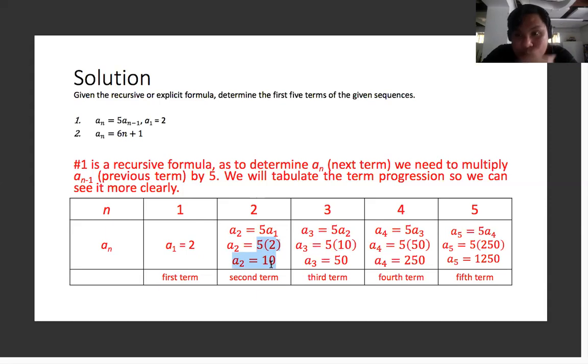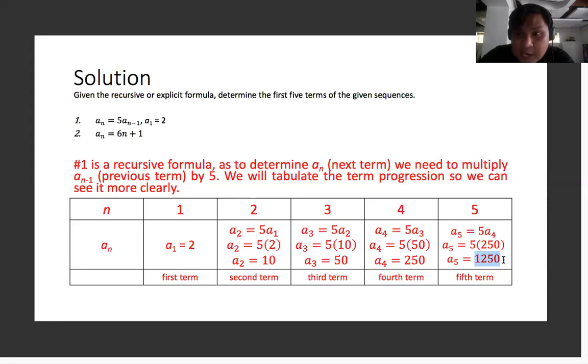And if you follow the sequence, because you know that the next term is defined by multiplying 5 to the previous term, so 10 times 5, you actually get 50. So the third term is 50. Times 5 to 50, you get 250. That's the fourth term. And then times 5, you get 1,250. Okay, so notice how the recursive formula is used to obtain the terms of a sequence. So you need to figure out the previous term first before you actually figure out the next term.